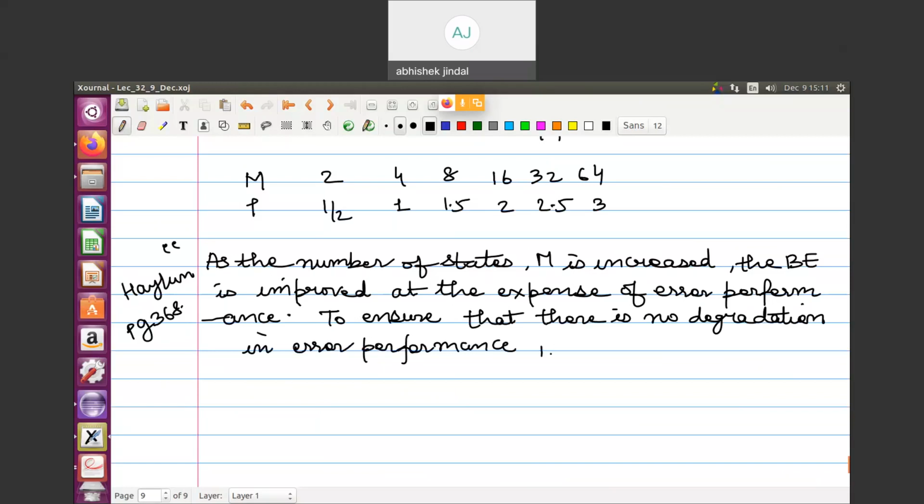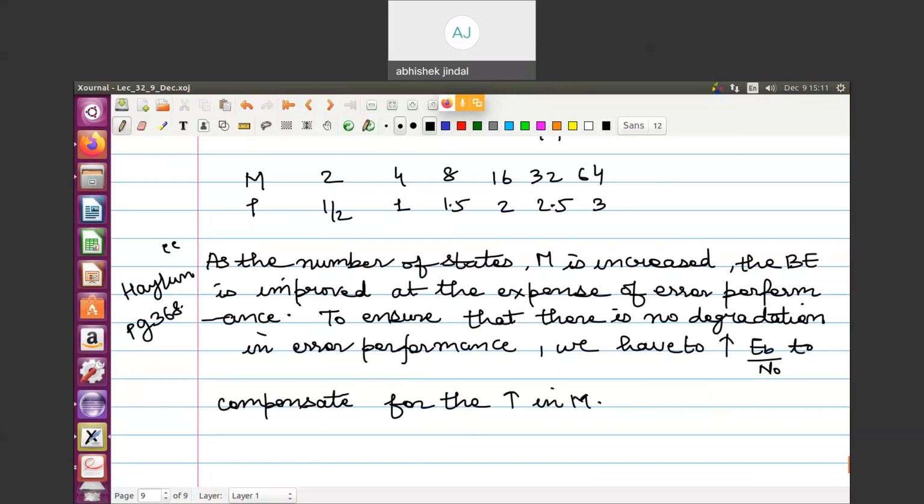We have to increase the energy to compensate for the increase in M. Okay. So this is what we had to say.